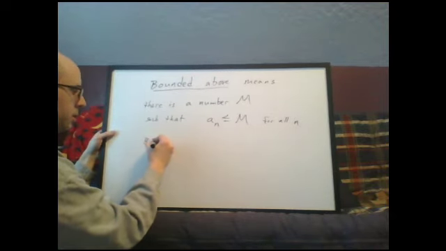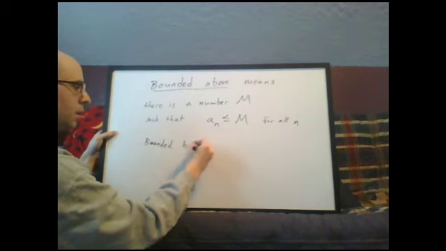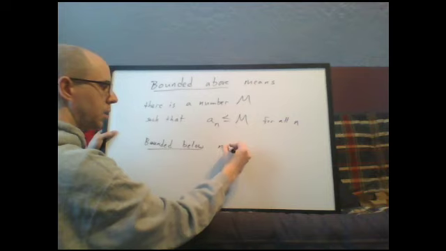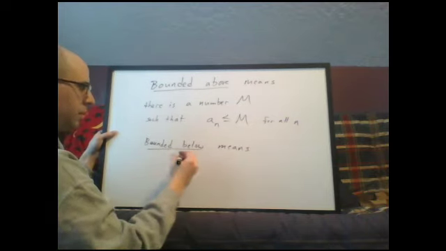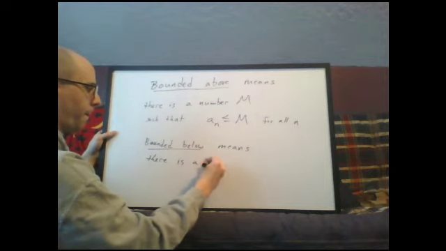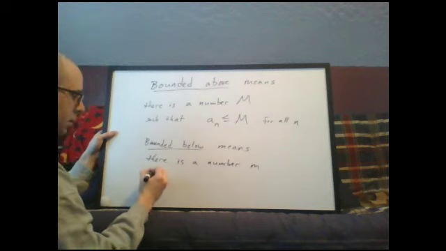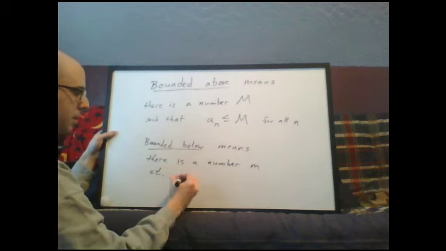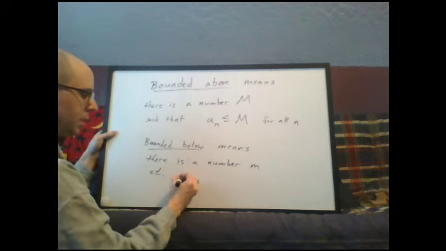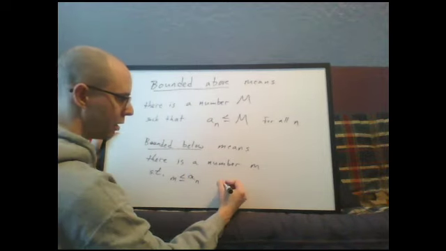Bounded below means the same thing for a floor. There is a lowercase m such that a_n is always greater than or equal to little m for all n.